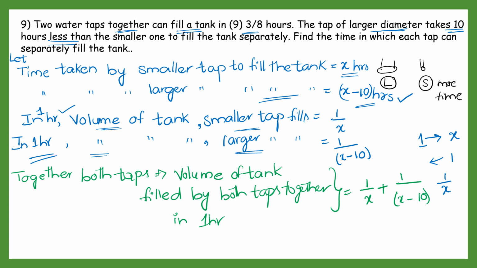They are telling that in 9 3 by 8 hours, both taps will completely fill the tank. So tap 1 plus tap 2 together in 9 3 by 8 hours can fill the complete tank.